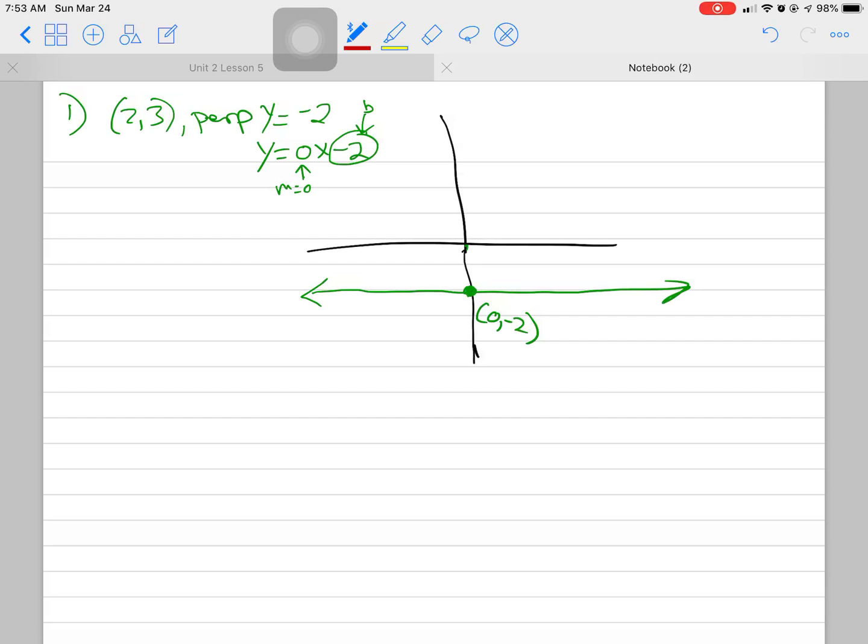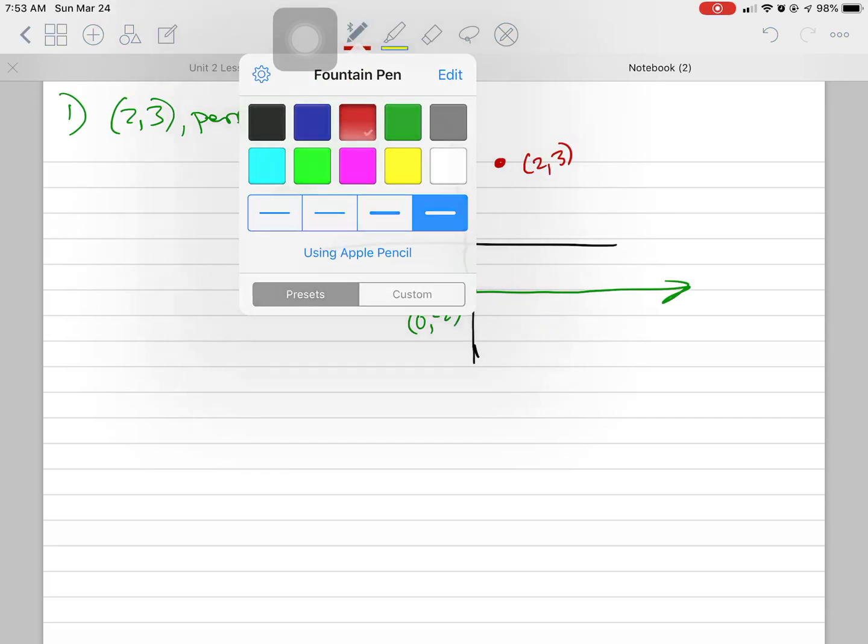Where is 2, 3? So over to, right about there, is 2, 3. So it just wants to be perpendicular. This was 0, -2.